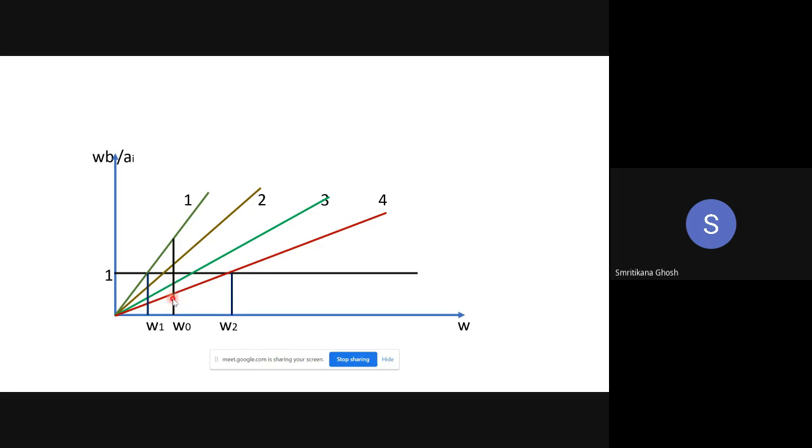As it is less than 1, country B has comparative advantage for commodity 3 and 4. So after trade, country A should produce 1 and 2, and country B should produce 3 and 4. And they will exchange the commodities and the trade will happen.